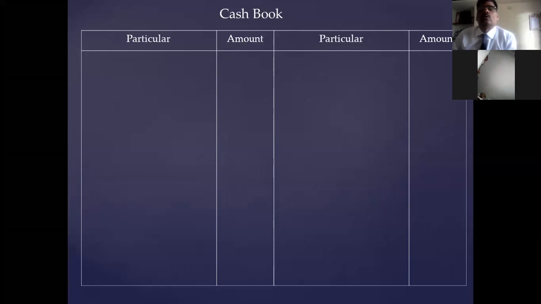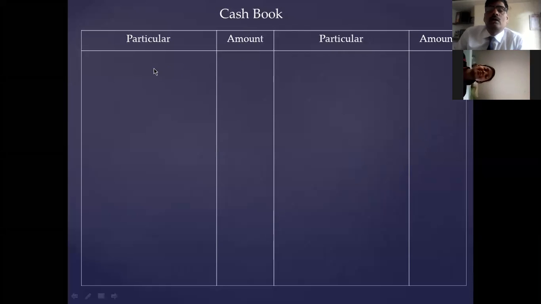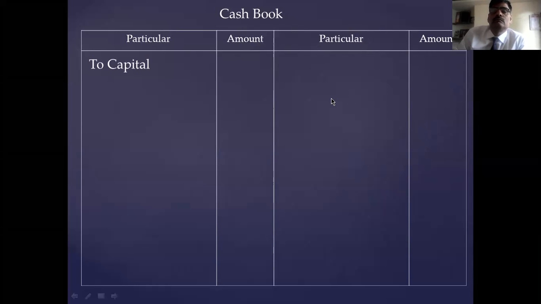So he introduced capital. Capital is a receipt, you take on the receipt side. To capital 1,20,000.